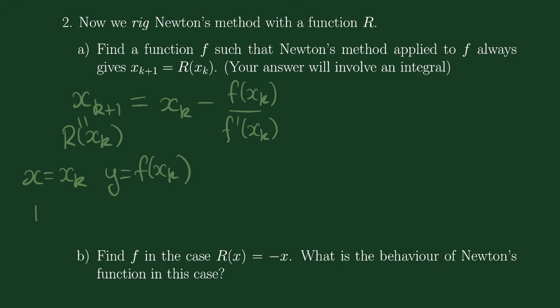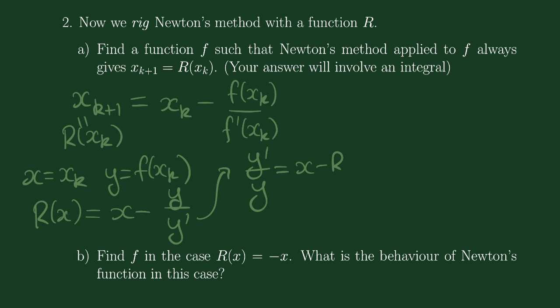And we notice that we get a differential equation. r of x is equal to x minus y over y prime. Rearranging this, we get y prime over y equals x minus r of x. And integrating on both sides with respect to x, we get the integral of 1 over y dy is equal to the integral of 1 over (x minus r of x) dx.